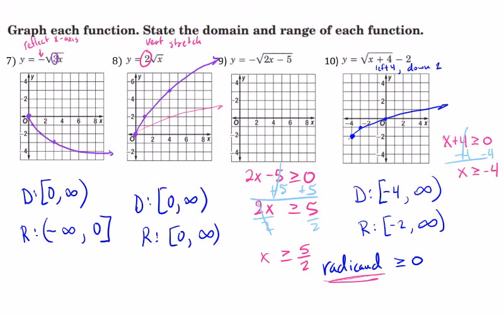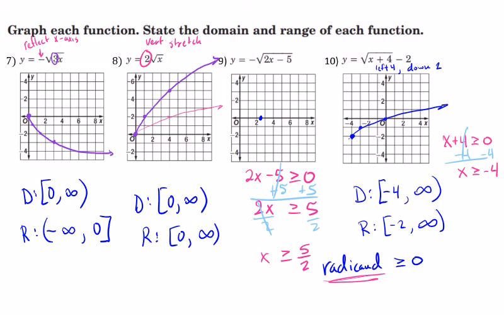So 5/2 is actually where this is going to start. 5/2, or 2.5, is another way to think of it, so it'll be right here. And since there's nothing out here, it's not going to go up or down, so it's going to stay on the x-axis. So that's where it's going to start, okay?